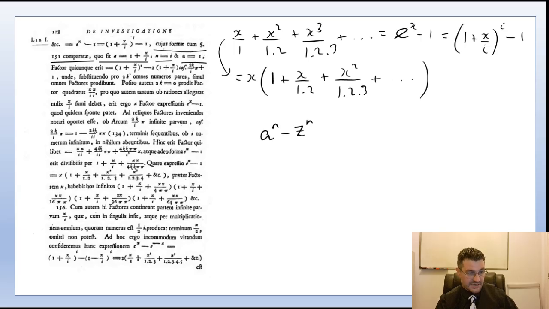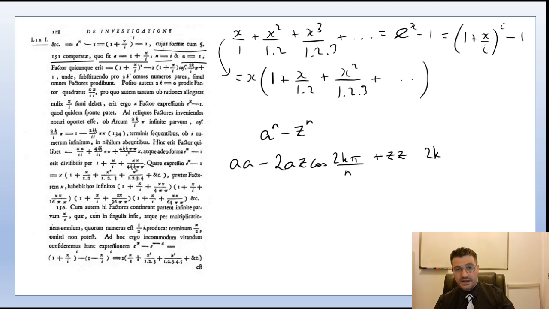It turns out that the potential quadratic factors are of the form aa minus 2az cosine 2k pi over n plus zz, where 2k is a non-negative integer, 0, 2, 4, 6, less than or equal to n.